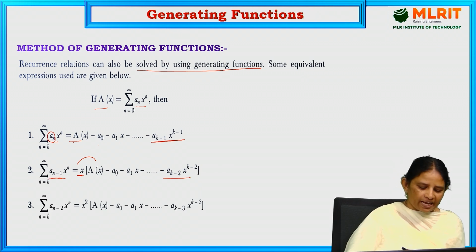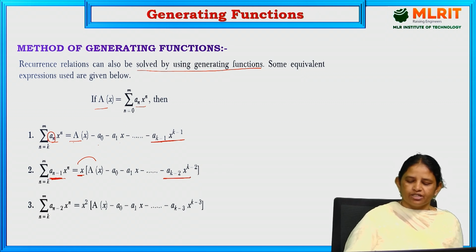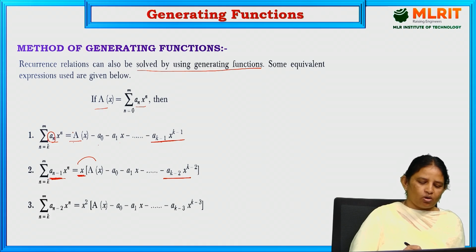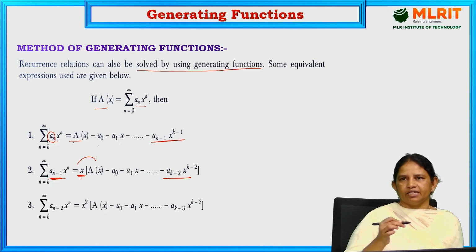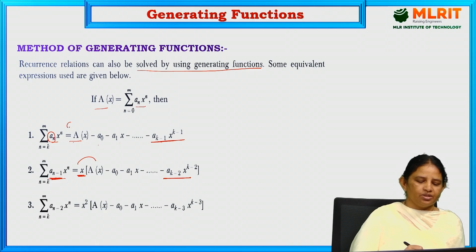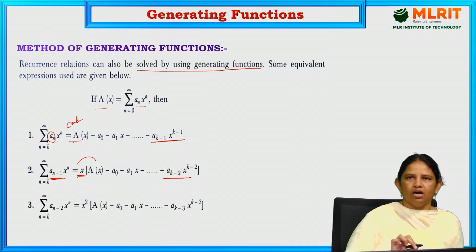If it is a_(n-1), then a_(k-2) x^(k-2) is the last term in the sequence, and we need to add x. Here the constant is 1, but here it is not a constant, it is the x term. The first term is a constant term, the second term is the x term.